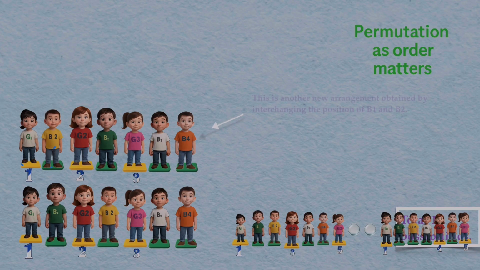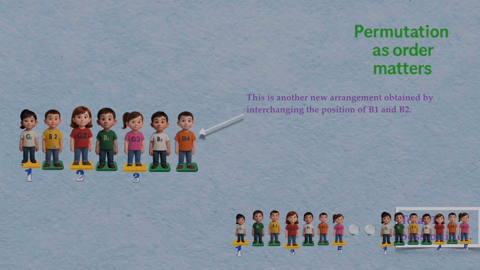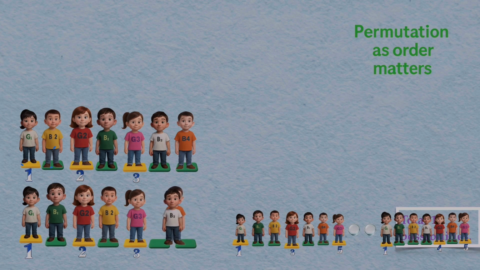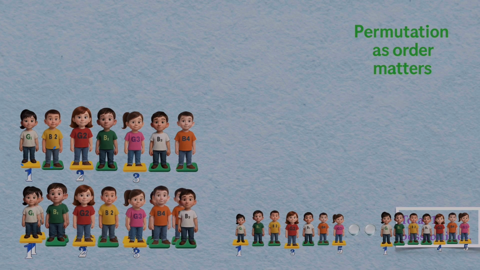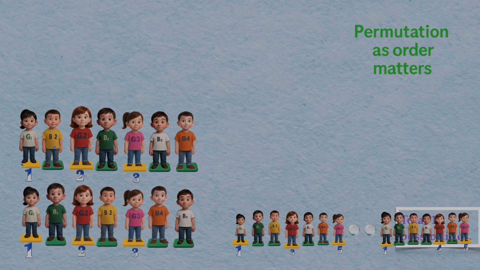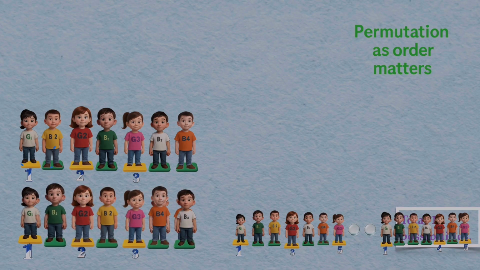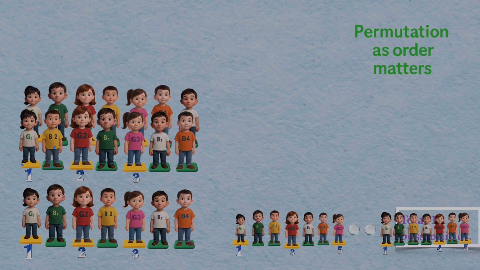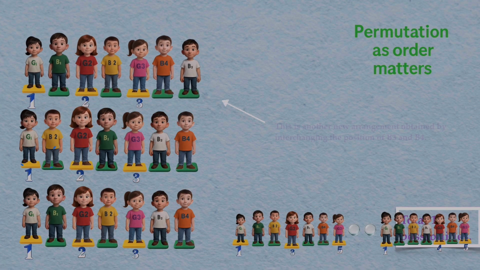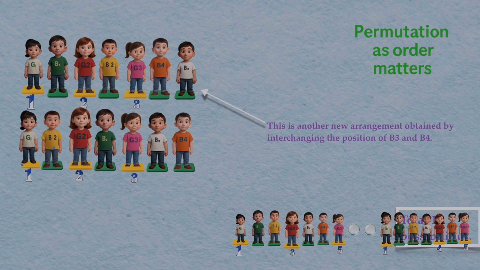And this is the new valid arrangement. We will see another possibility arising by changing the position of B3 and B4. And this is the new valid arrangement.